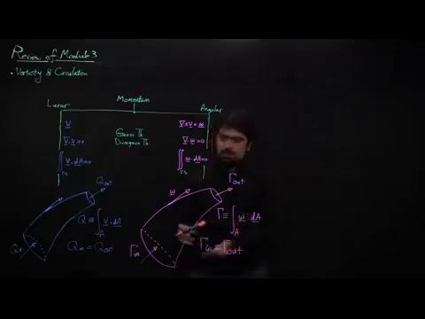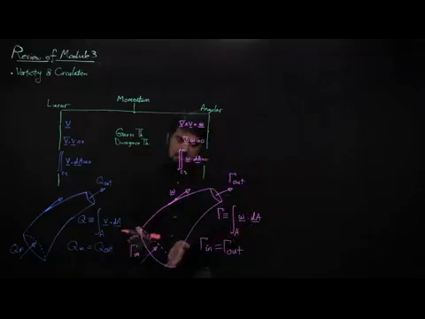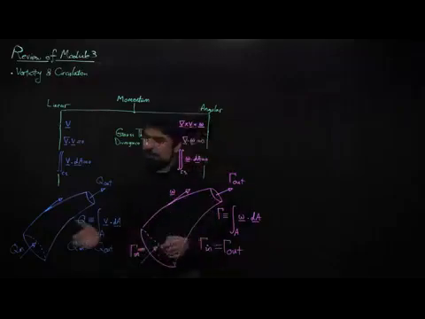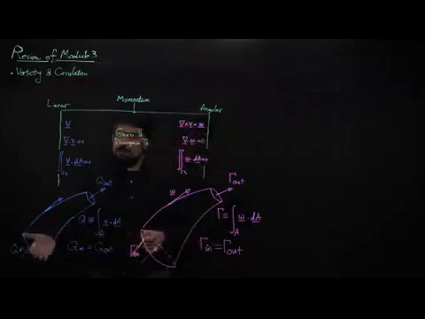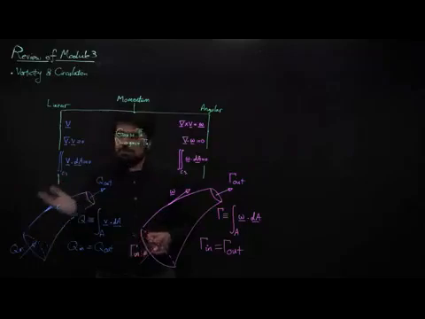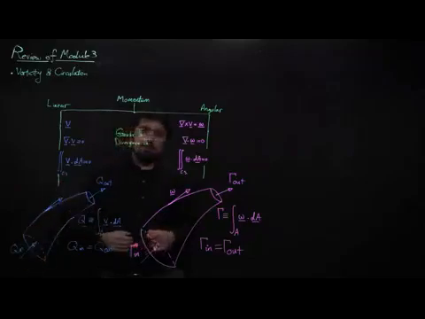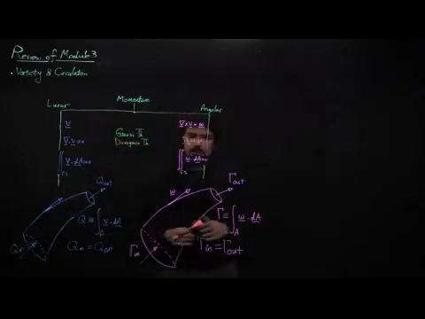The fact that circulation remains constant at different points where we cut a vortex tube. You have to have a constant circulation, very much equivalent to volumetric flow rate in linear momentum. If you cut a stream tube at different positions, the volumetric flow rate at different positions should be equal to each other.